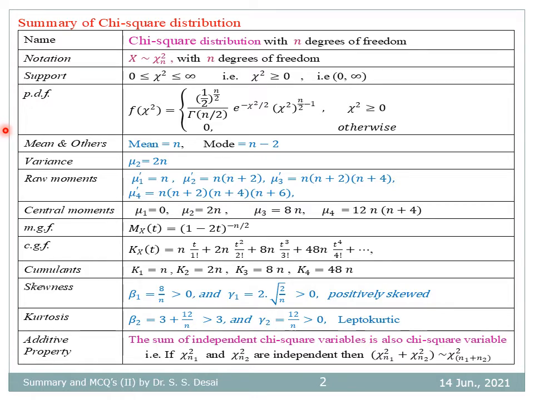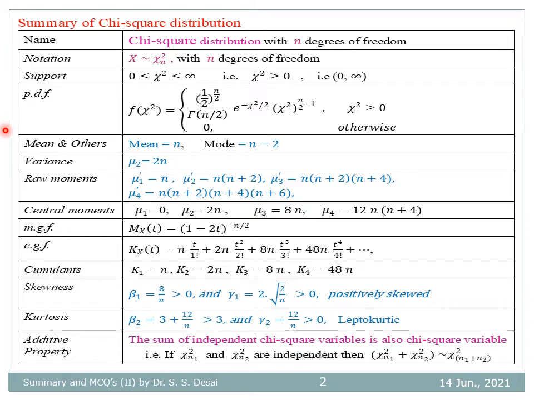Degrees of freedom is defined as the difference between the number of random variables involved in the distribution and the number of parameters estimated from the sample.